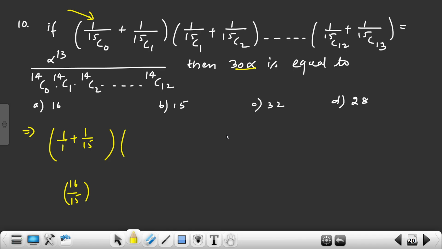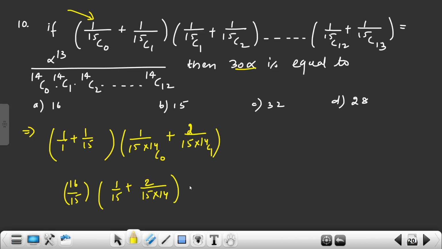Understand? Now let's come to the second bracket. I can write this as 15 by 14c0, the property you know, and 15 by 2, it is 14c1. Now if you take the LCM, 14c0 is 1, so 1 by 15 plus 2 by 15 into 14. Now I am solving only the second bracket. 1 by 15 is common, 1 plus 2 by 15, so 1 by 15, 16 by 14.